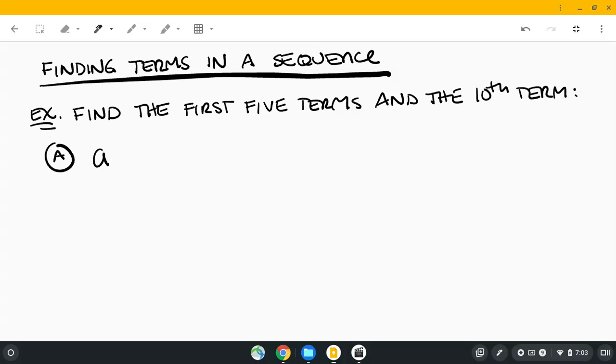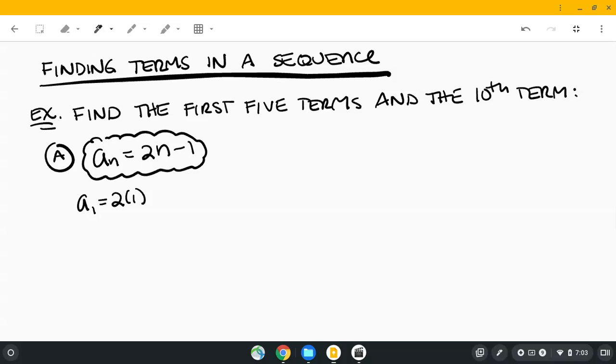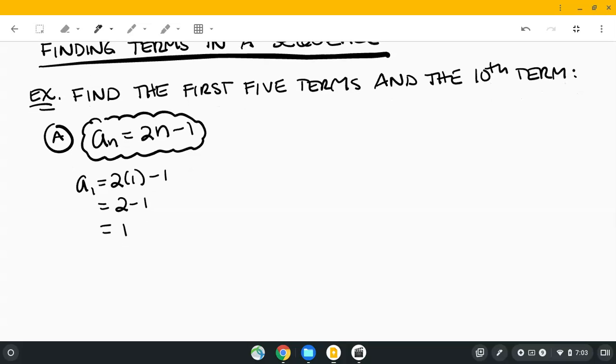Suppose that your nth term formula is 2n minus 1. So this is your nth term formula. If I want to find the first term, then I would plug in 1. So my first term is 1. If I want to find the second term, then I would plug in 2.